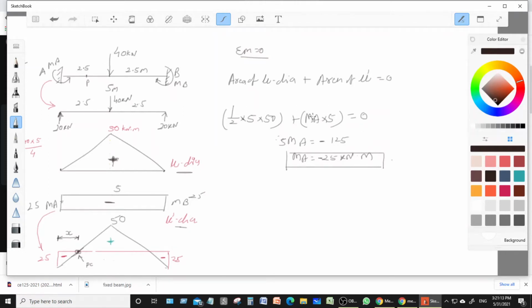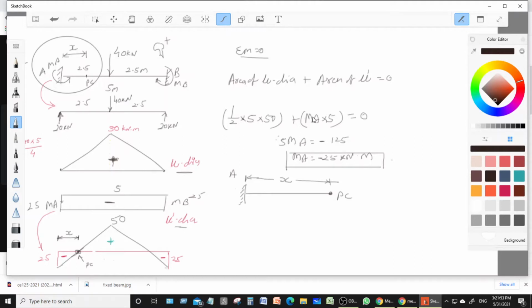That is your PC, and suppose it occurs at a distance x from support A. Let me take out this portion and enlarge it over here. This is your PC, and the distance from support A is x.